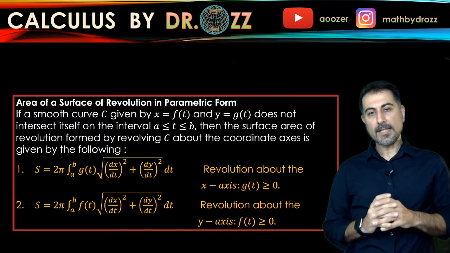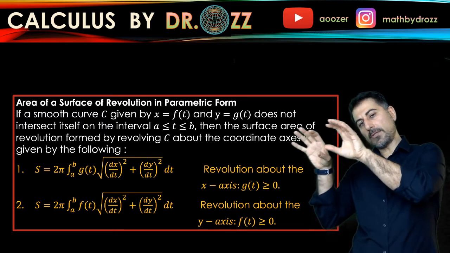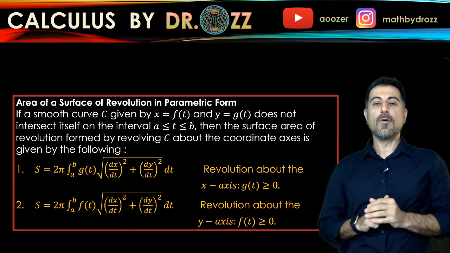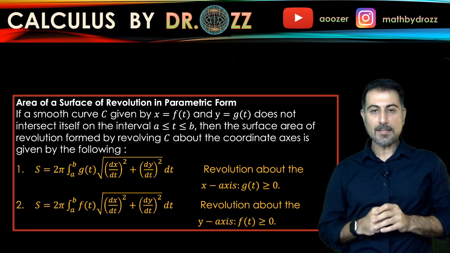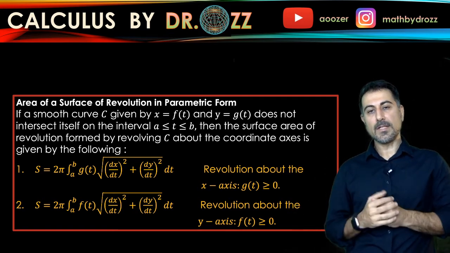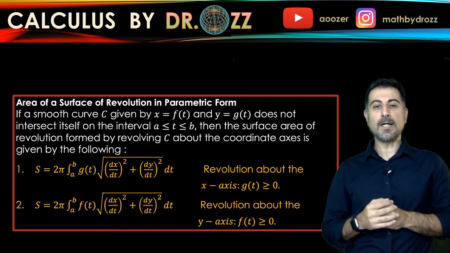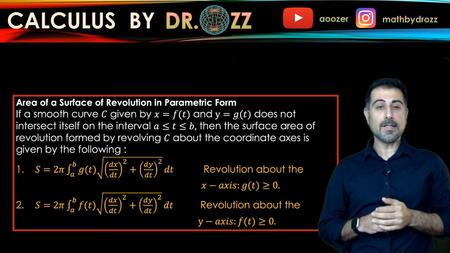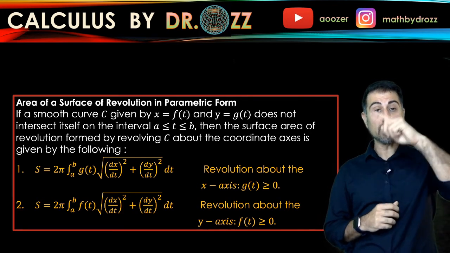So different from the arc length formula, where the radical part by itself corresponded to the arc length, you have the 2 pi times g. That's in fact the circumference of the frustum, and multiplying the arc length of that is going to give us the surface area of the frustum.